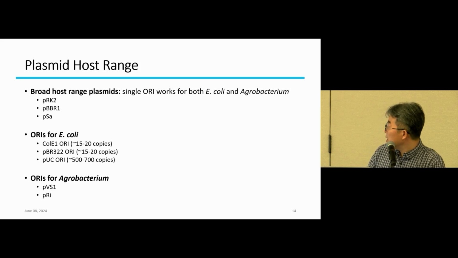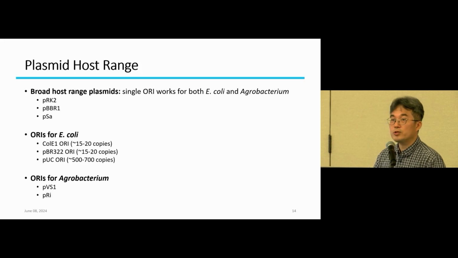So the next one is origin of replication for E. coli. These are really commonly used, but you will be surprised they are actually very similar. They are derived from the same plasmid, ColE1, pMB1, pBR322. They only have a few base changes that made the copy number change dramatically.